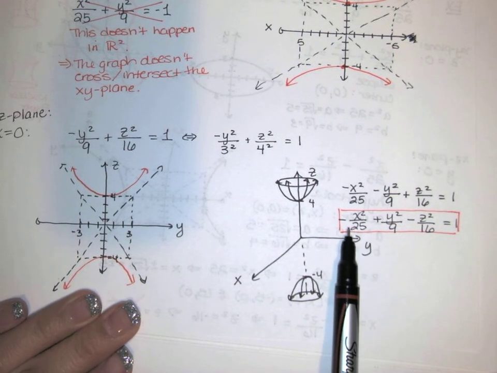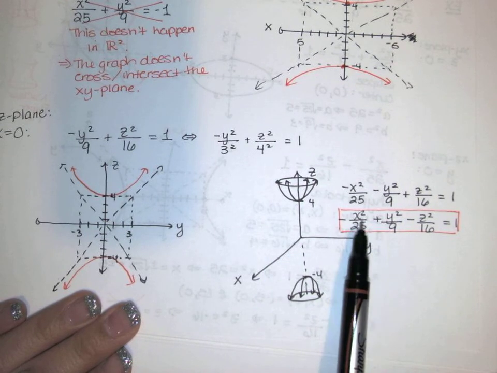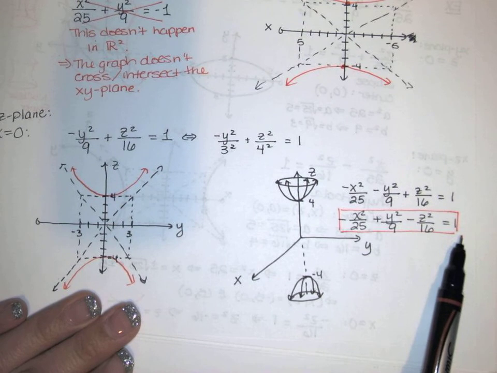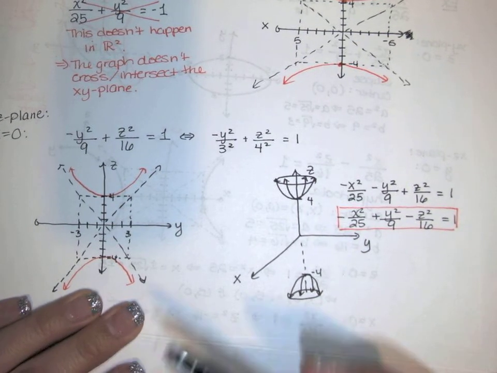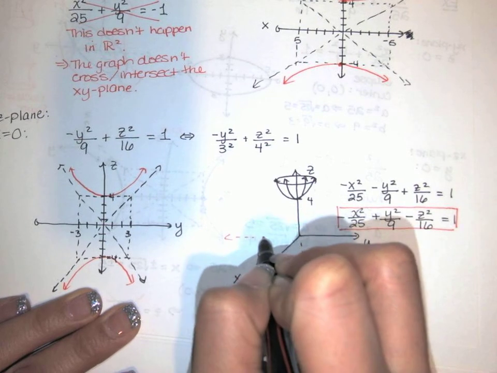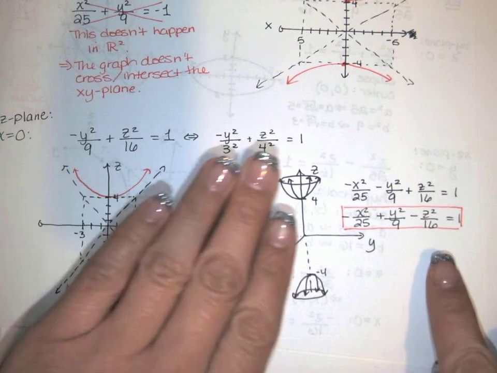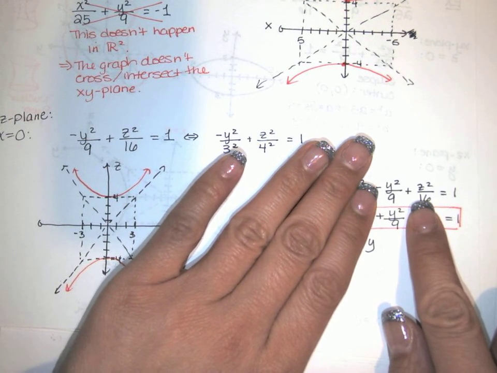So instead of opening on the z-axis like these did, well, since the y is positive and I've got 2 negatives, and the x, the y, and z are squared, and I've got a 1 on this side. Since the y is positive and it has the form of a hyperboloid of 2 sheets, when x and z are 0, we're going to have y squared over 9 equals 1, so y squared equals 9.